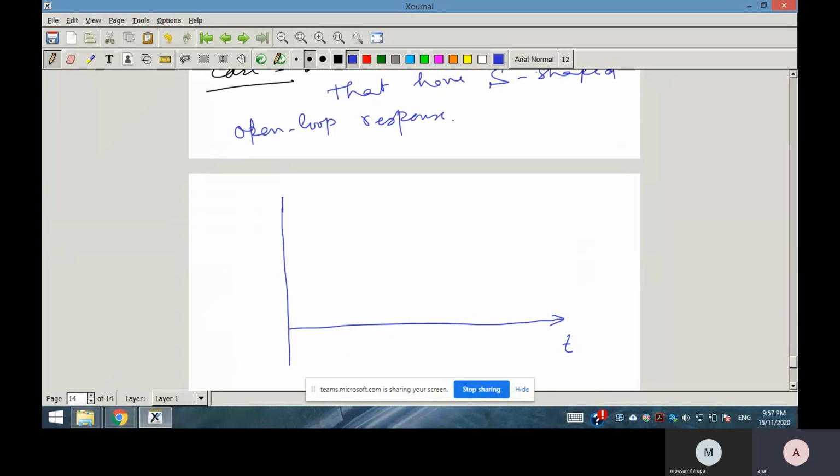Suppose this is your y(t) versus t. Sorry, I could not write properly. So suppose the response is of this kind. Most process systems are very slow systems, so they have this kind of characteristics.